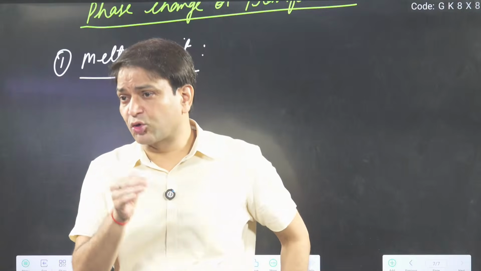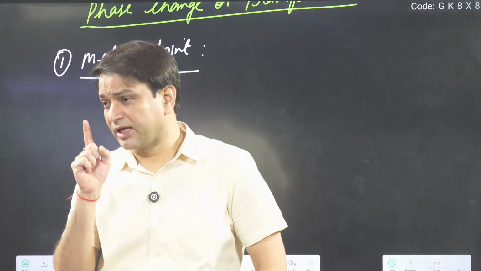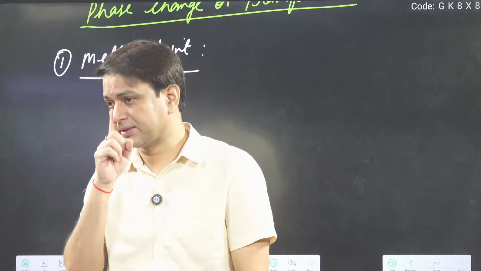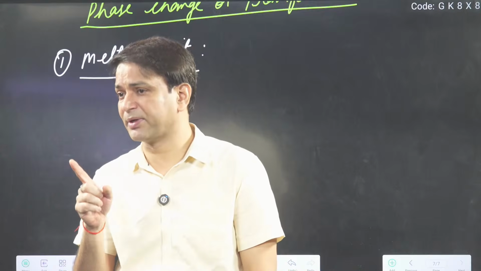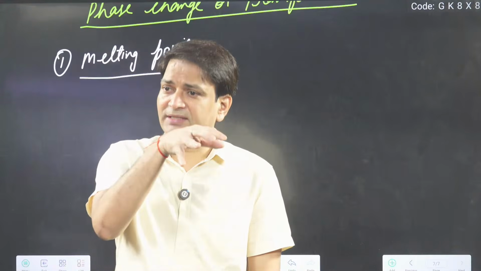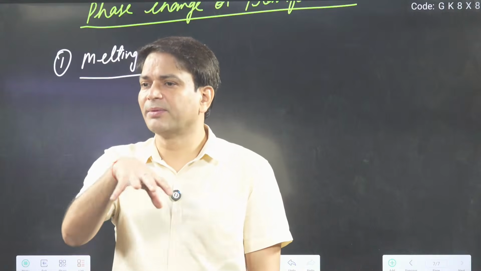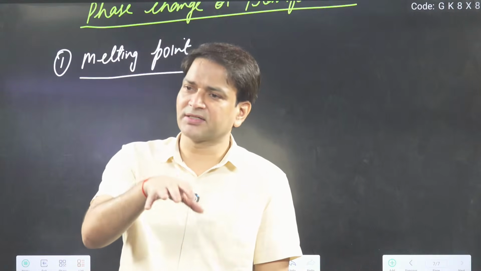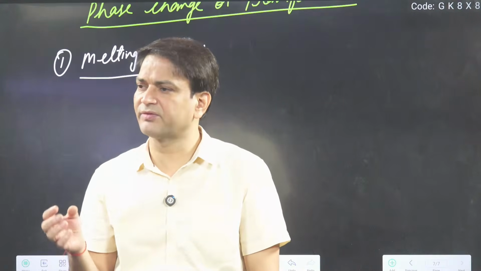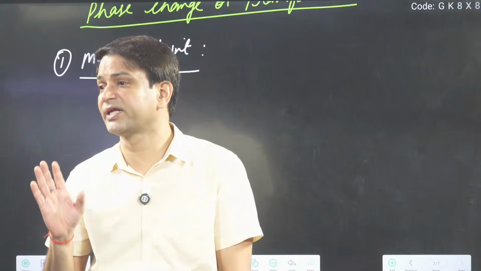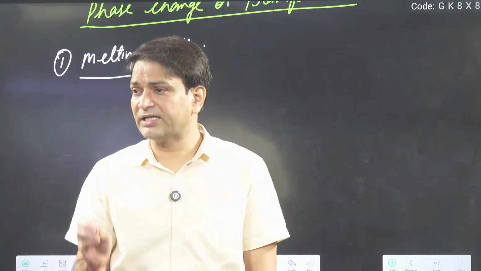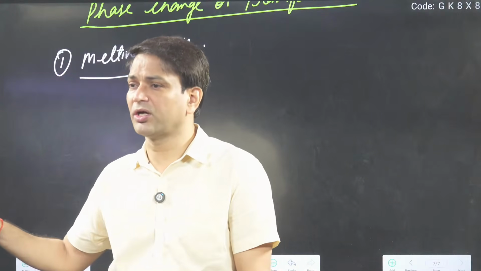Now when melting is going on, till the whole ice has melted, temperature will not increase. Suppose we measure the temperature of the water or the ice, both will be at 0 degree C. So till the whole ice melts, temperature will not change.